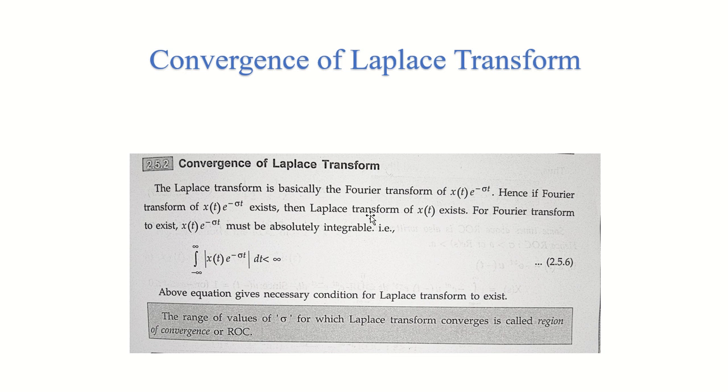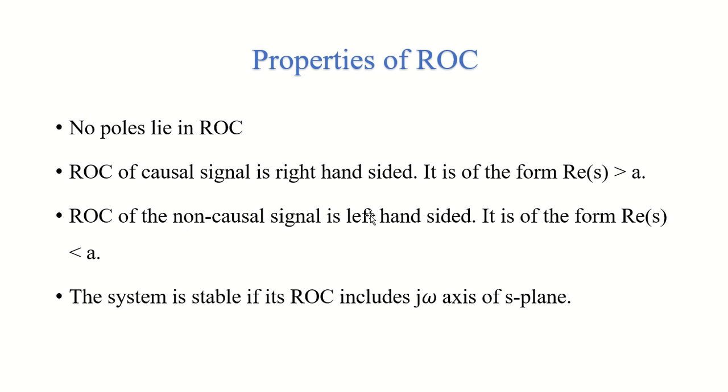Now this ROC also has some properties of its own. The properties of ROC are mentioned here. There will be no poles lying in the ROC, so the ROC will be poleless. The second point is the ROC of a causal signal is right-sided, of the form real value of s greater than a.